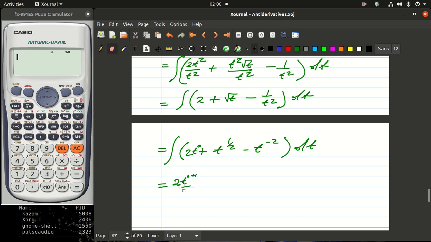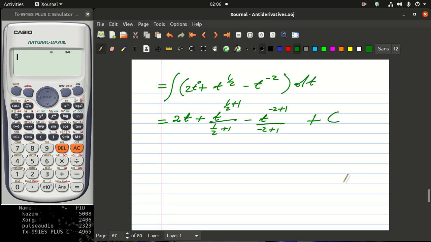Of course, you get something nicer, but at the end of the day, you are just having 2t plus t raised to 1 over 2 plus 1 divided by 1 over 2 plus 1, and then minus t raised to minus 2 plus 1 divided by minus 2 plus 1 plus the constant of integration.